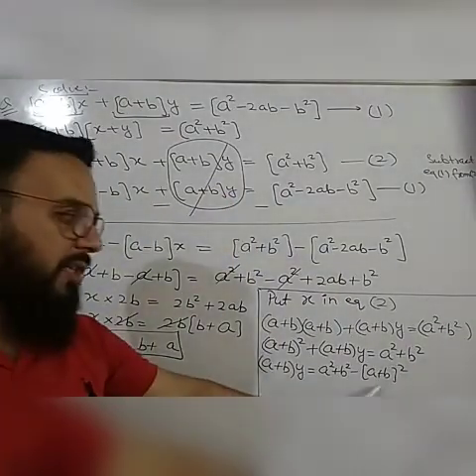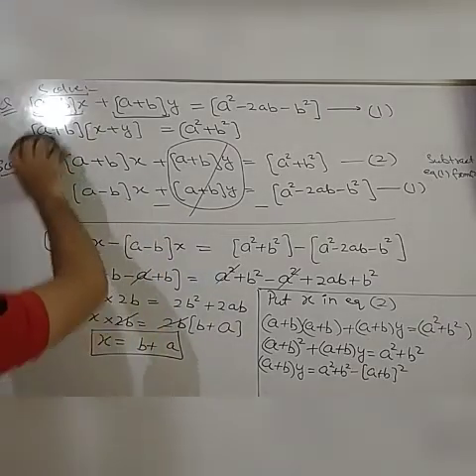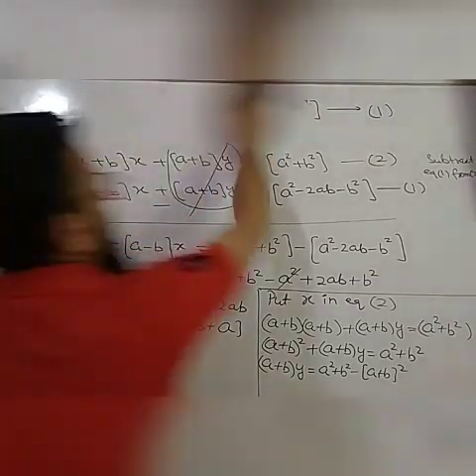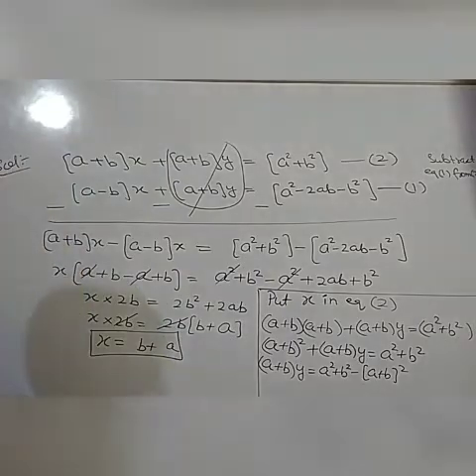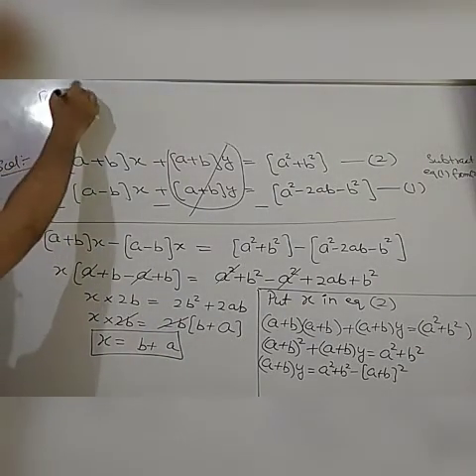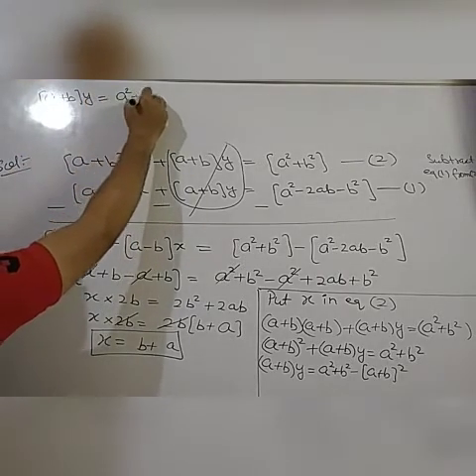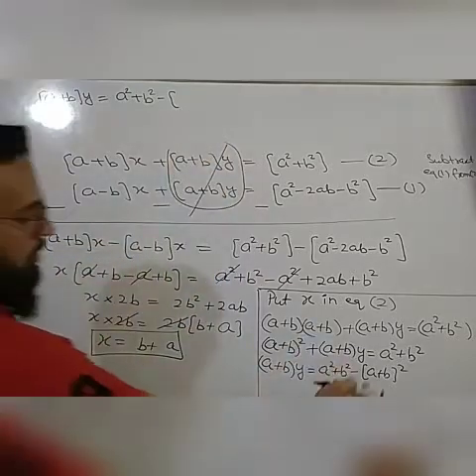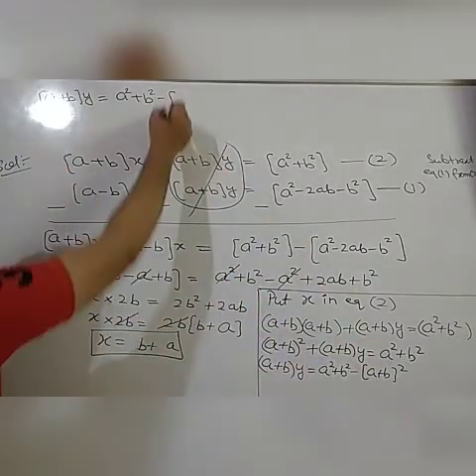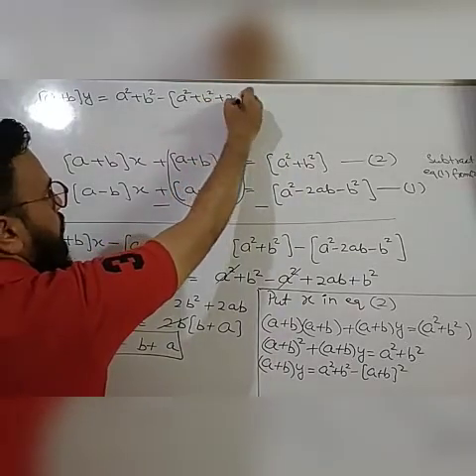Now opening this a plus b whole square and finding the value of y, we get a plus b into y is equal to a square plus b square minus, opening this identity, a square plus b square plus 2ab.